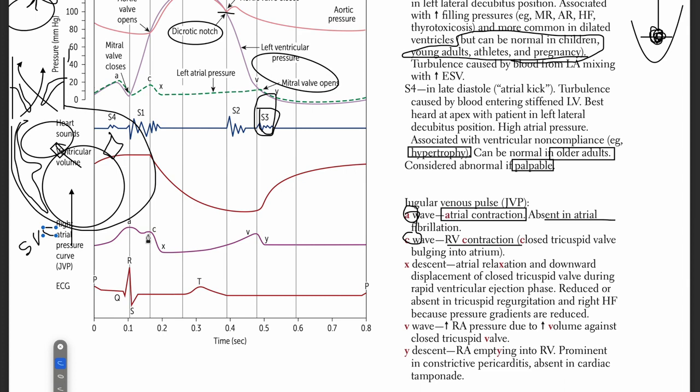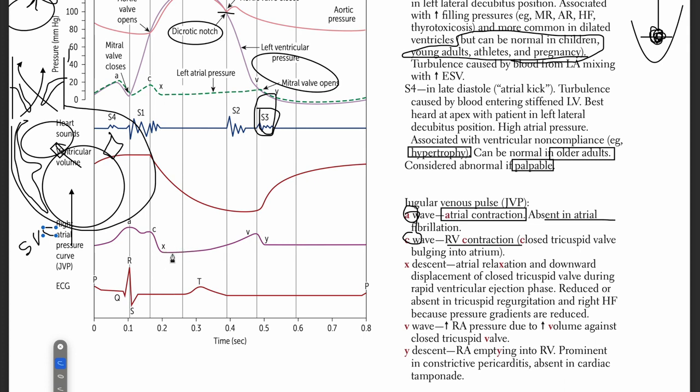Or RAP, sorry. Then it opens up, right? The tricuspid valve closes, and the ventricle is gonna stop pushing into it. So the right ventricle is gonna stop pushing into the atrium, and instead it's gonna go into the pulmonary artery. So the pressure decreases because of that. The X is the descent: atrial relaxation, downward displacement of the closed tricuspid valve.